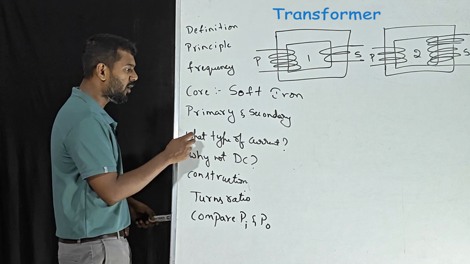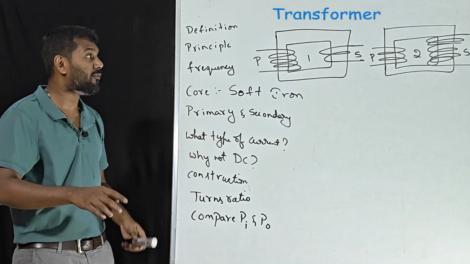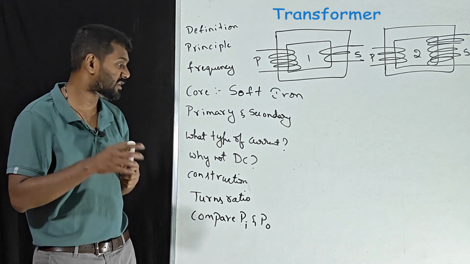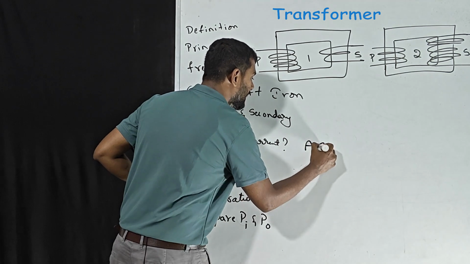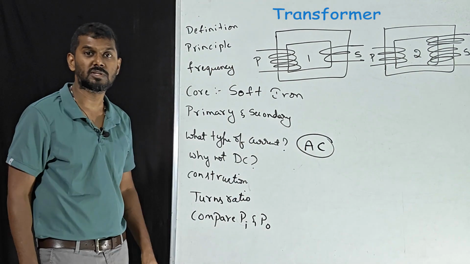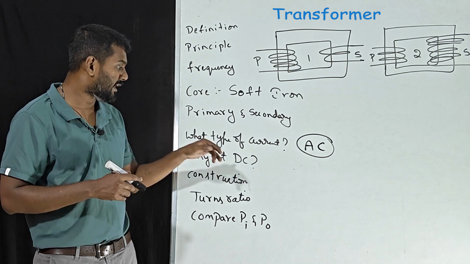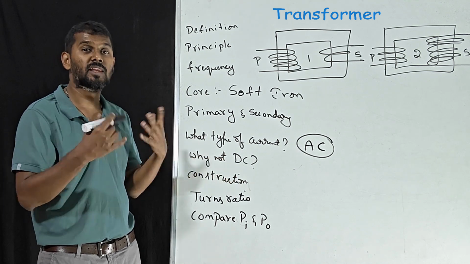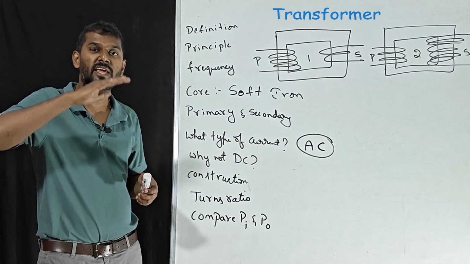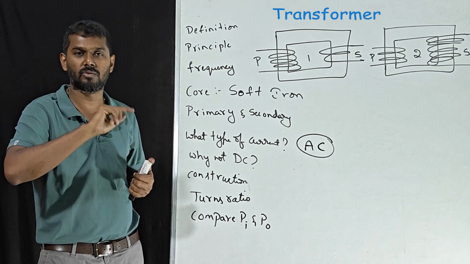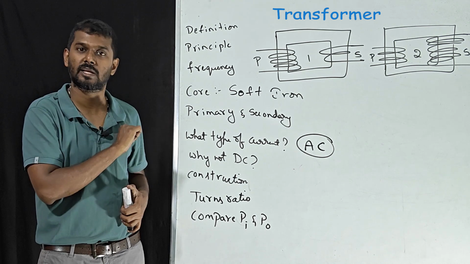Keep this in mind. Then what type of current? When it comes to a transformer, we always use AC current. We cannot use DC current. Why? First we learn why we are using AC. In AC current, the magnitude keeps on changing, correct?